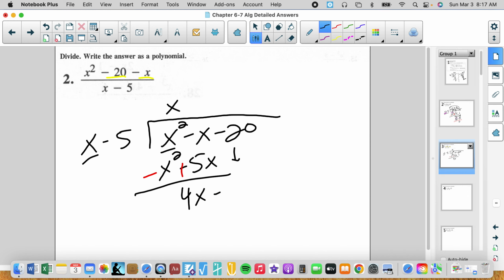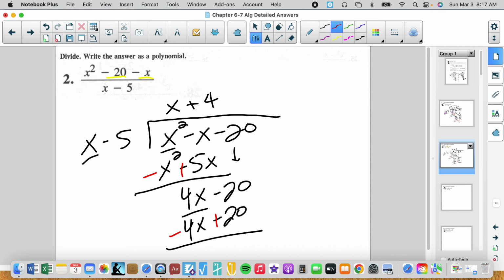I'm going to bring down the negative 20. I'm going to look. Goes in 4 times. 4 times x is 4x. 4 times 5 is negative 20. And then I'm going to change the signs. And these cancel to give me 0. So that is my answer, x plus 4.